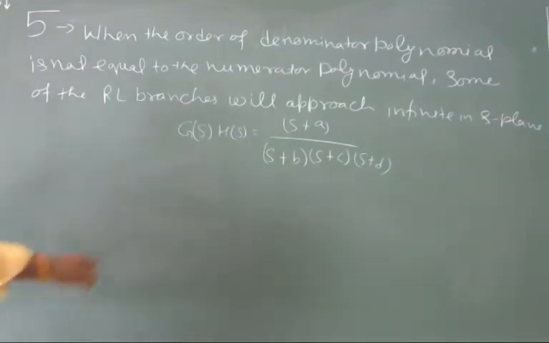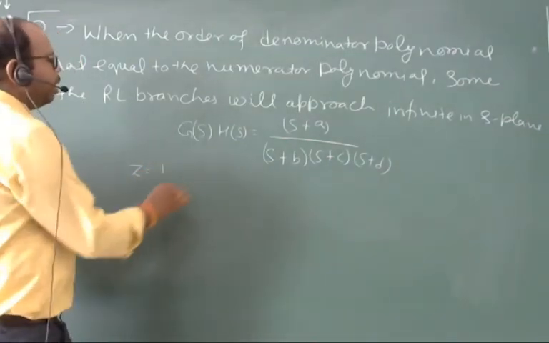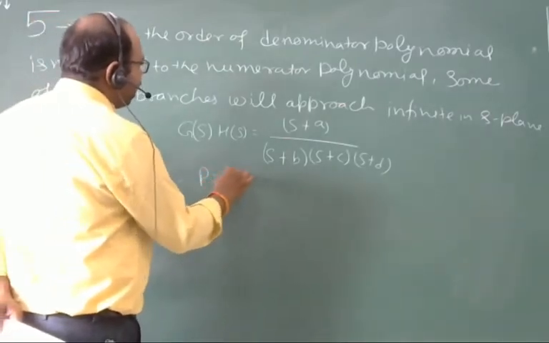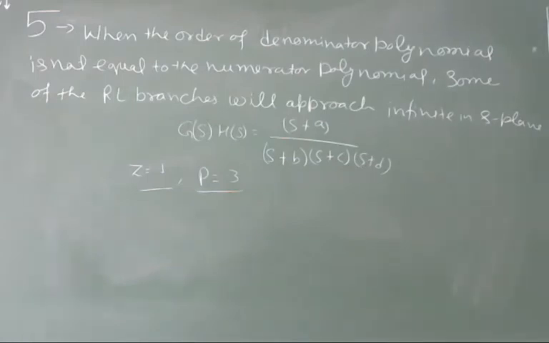Then how many zeros we have? 1. And how many poles we have? 3. How many zeros we have? 1. And how many poles we have? 3. Right?